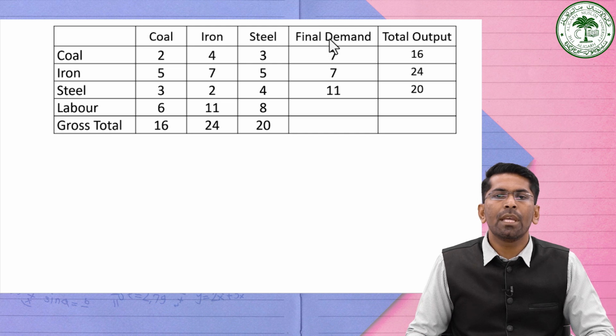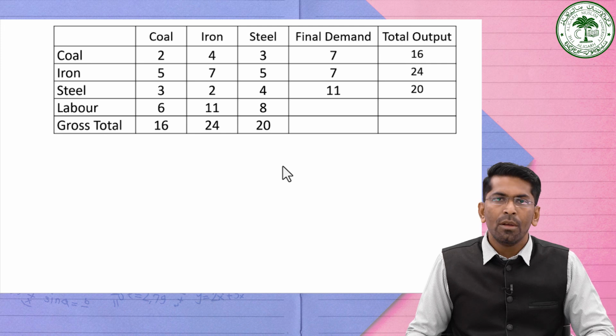We are also given the final demand and the total output. The table also shows coal, iron and steel, and the labor days required, and then the gross total output is also given here.